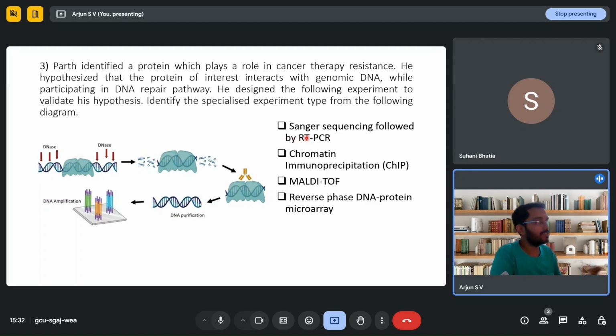Sanger sequencing doesn't involve proteins, so that can be removed. Multitoph involves proteins, but it doesn't involve DNA, so that option can also be removed. So the remaining two options are chromatin immunoprecipitation and reverse phase DNA protein microarray. Here chromatin just means the complex of DNA with protein.